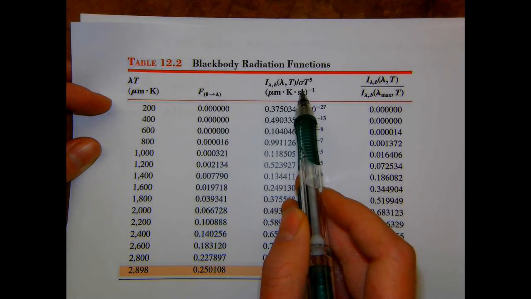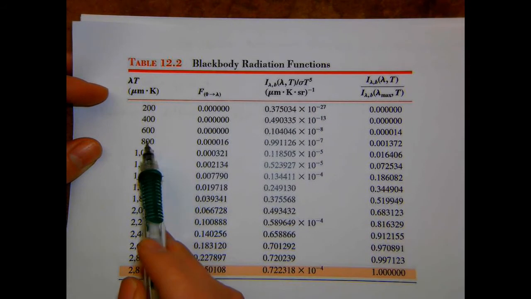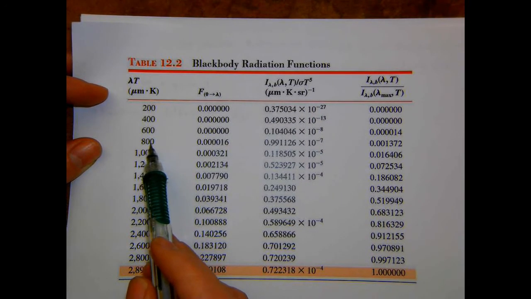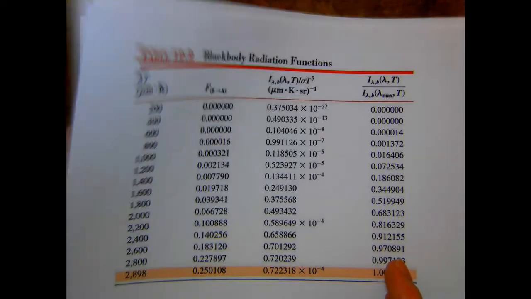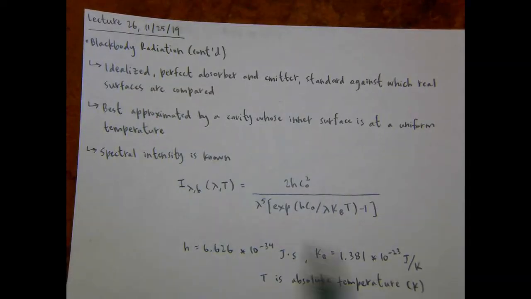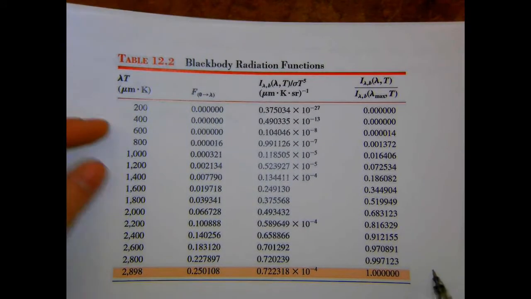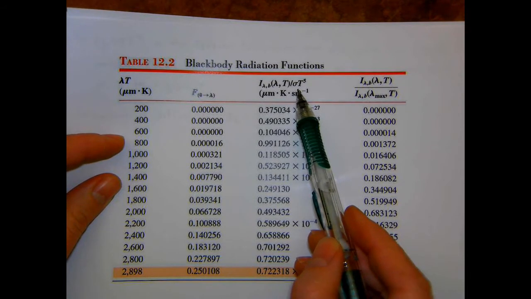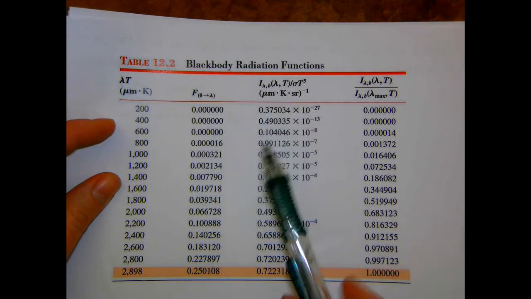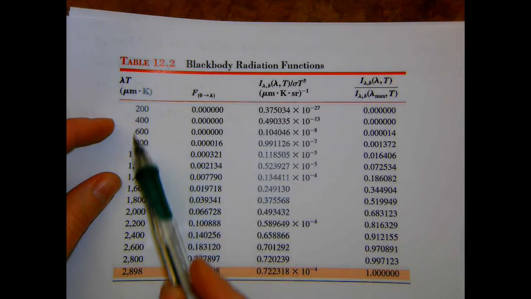So if you have a specific value of lambda times T, instead of calculating the big expression that we wrote down for the intensity, you can just take the value in the table and multiply it by sigma times T to the fifth to get the intensity. And of course you can interpolate between these values of lambda times T.